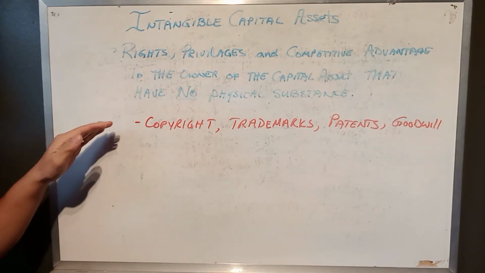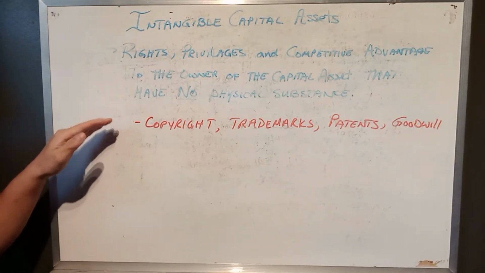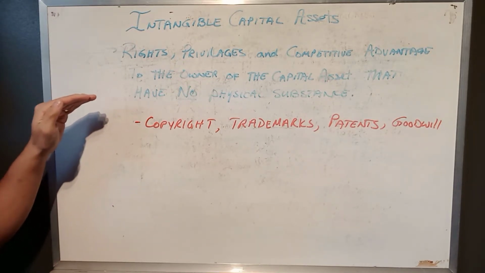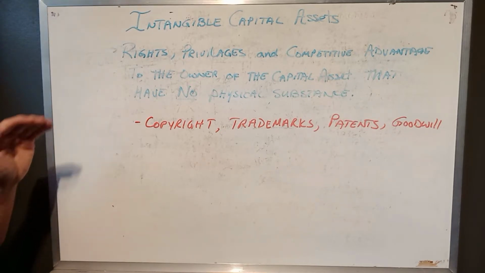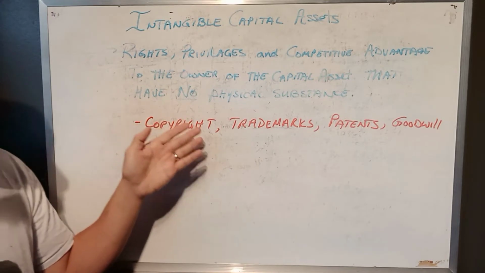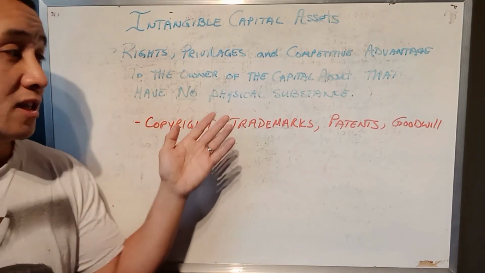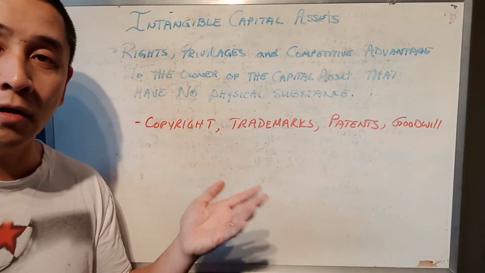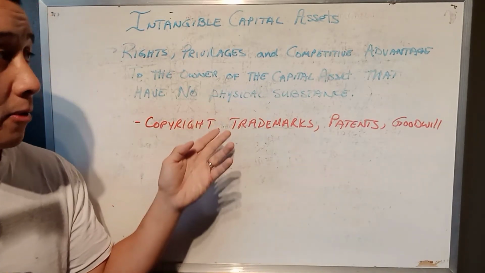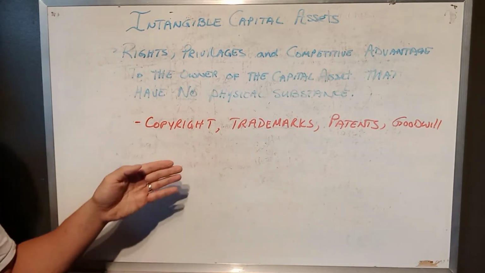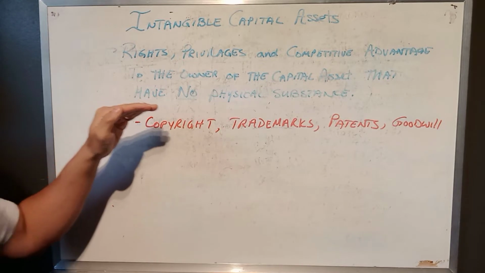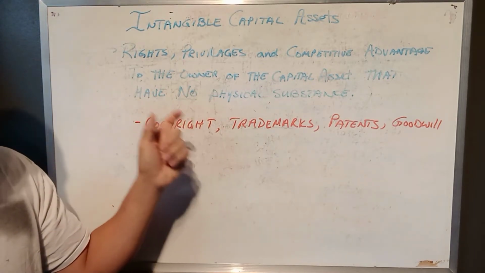Now, intangible capital assets are recorded at cost when they are purchased, and they must be systematically expensed through their estimated useful life, just like a physical capital asset would have an estimated useful life, for example a vehicle of 5 to 10 years. For physical capital assets, you match the expenses through depreciation.